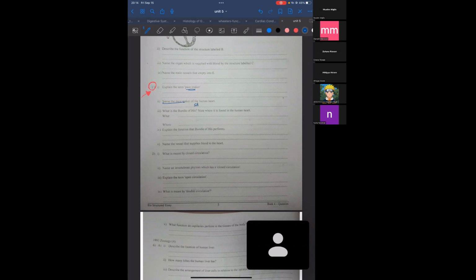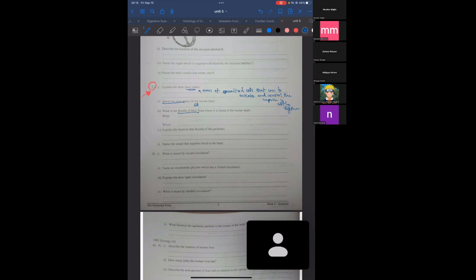Now a pacemaker cell is a mass of specialized cells that has the ability to initiate and control impulses and set the rhythm. When I'm not sure about an answer, just write everything that you know.